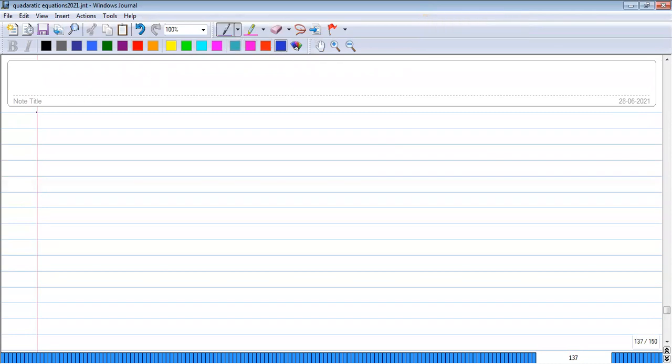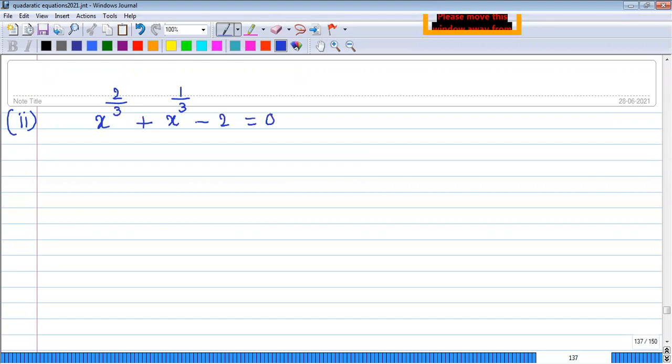So now, second question. x to the power of 2 by 3 plus x to the power of 1 upon 3 minus 2 is equal to 0. So we need to solve for x in this equation.